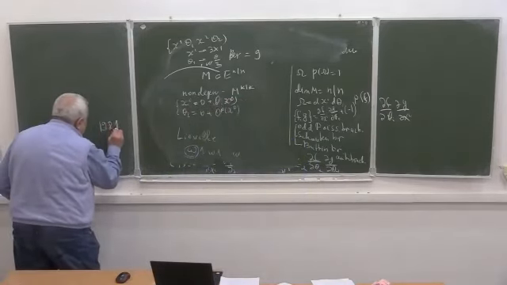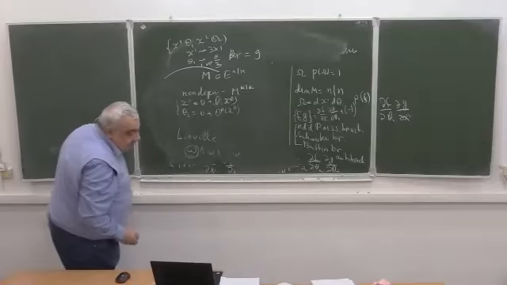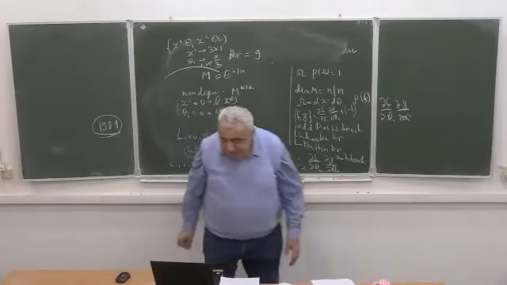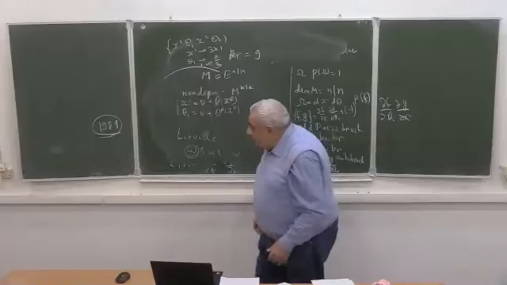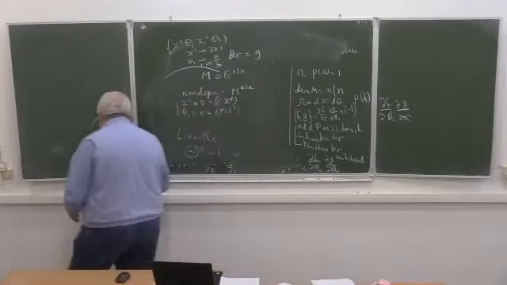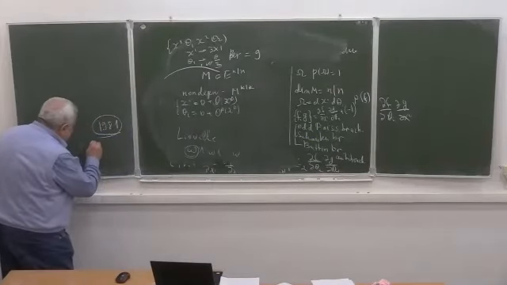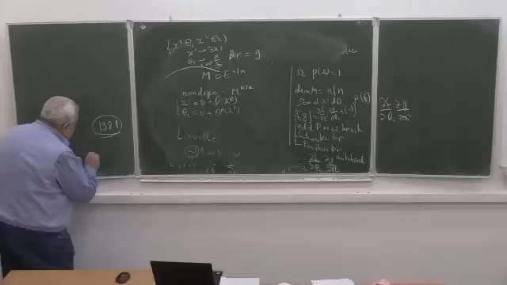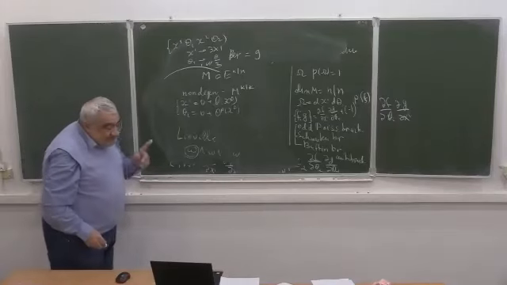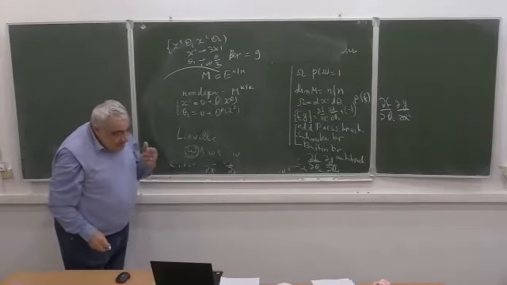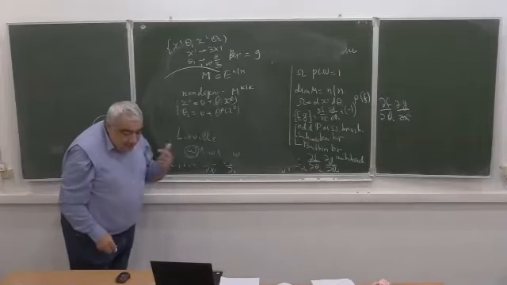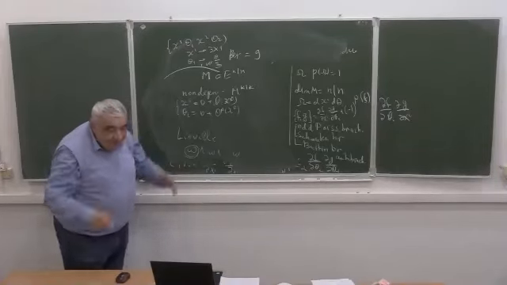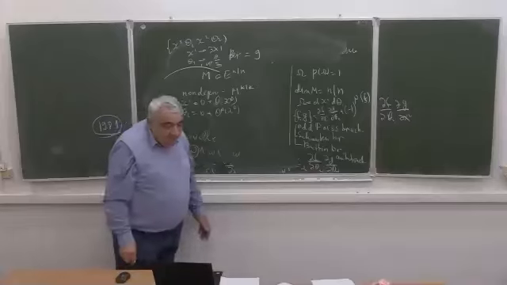In 1981, there appeared the seminal paper of Batalin and Vilkovisky, 5-6 pages, on gauge field quantization, where they suggested a way to quantize every theory in the Lagrangian framework, not in the Hamiltonian framework.